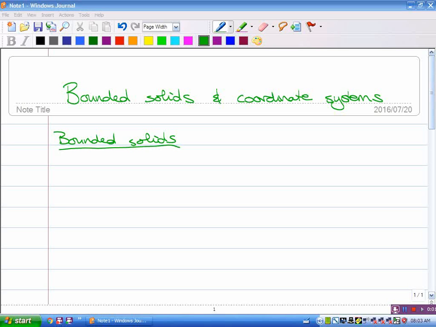Right, bounded solids. We've been talking about different kinds of surfaces. A very prominent role that surfaces play in this course is surfaces intersecting in order to make bounded solids. For example, we want to consider the region bounded by a cone at the bottom and a hemisphere at the top, or an upside down paraboloid intersected by a plane, and you want to look at the region bounded by those surfaces.